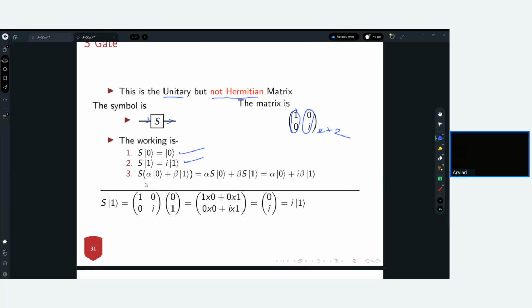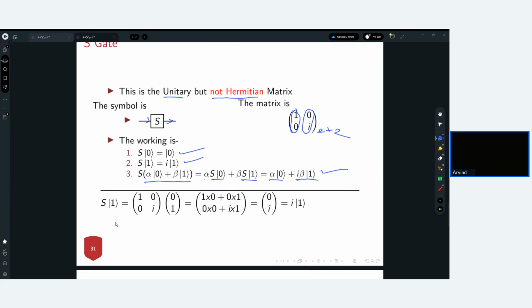And if it is the superimposed state, we apply S over the linear sum of alpha ket 0 plus beta ket 1, so we apply S on ket 0 and apply S on ket 1. We will get alpha times ket 0 plus i times beta ket 1. So this is the application of the superimposed state as an input to the S gate.